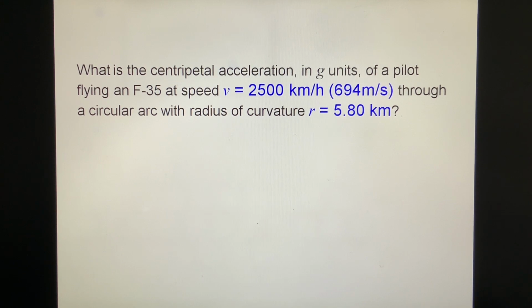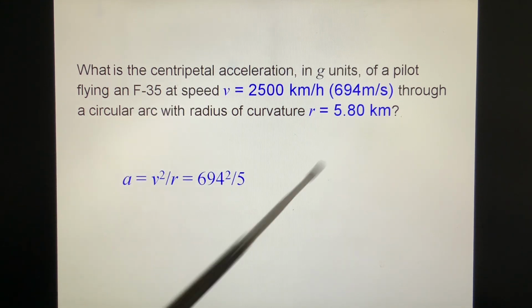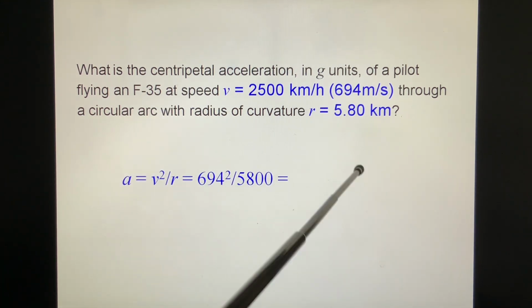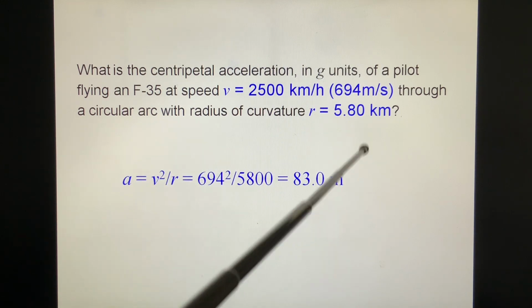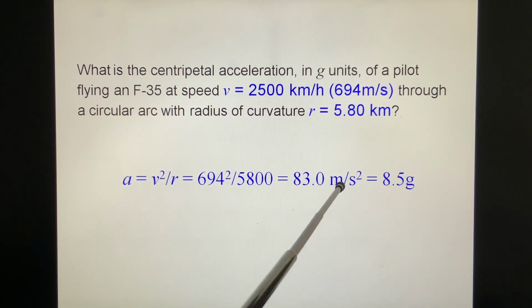Pretty dark. Then we put in this formula, A equals V squared over R. We know V, 694, and we know R, 5,800. We get 83.0 meters per second squared, about 8.5 g. It's pretty dangerous: G-LOC.